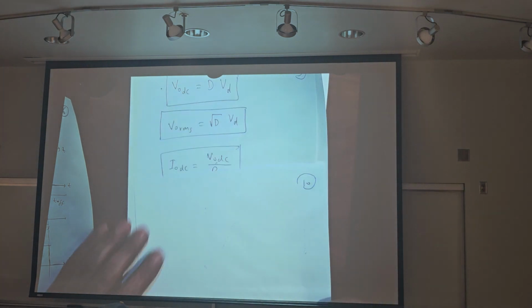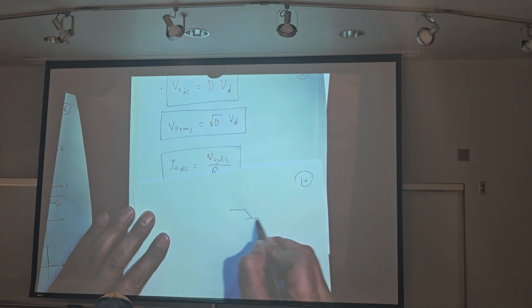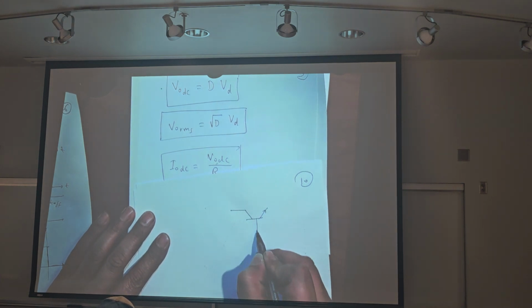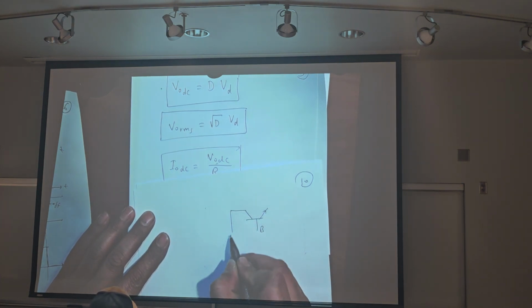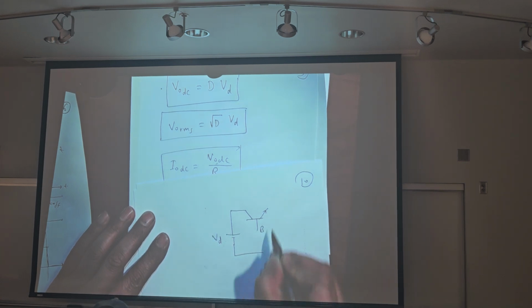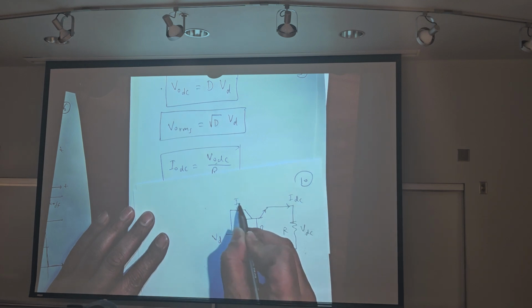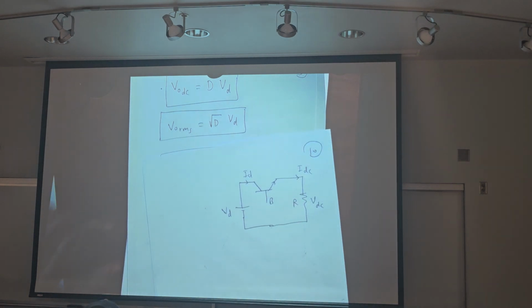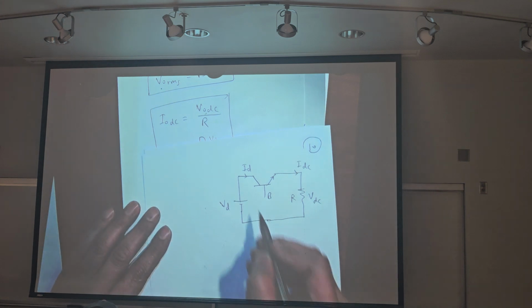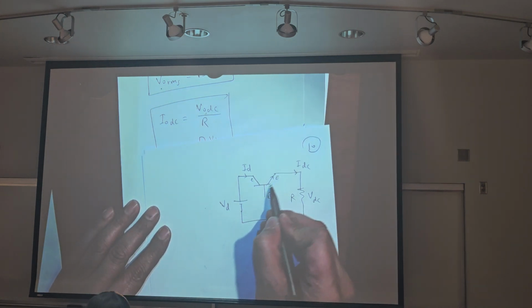Again, let me draw the circuit. This is the input voltage VD, and this is R. This is VDC, this is IDC, and this is ID. This is the collector, emitter, base.